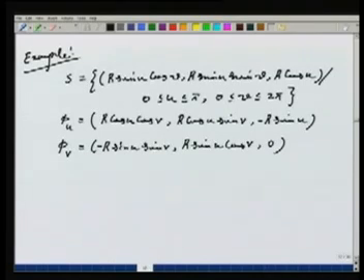Okay, and now I have to calculate phi u cross phi v.